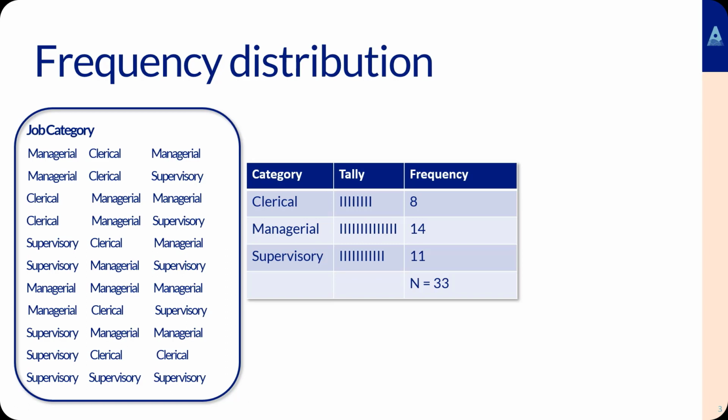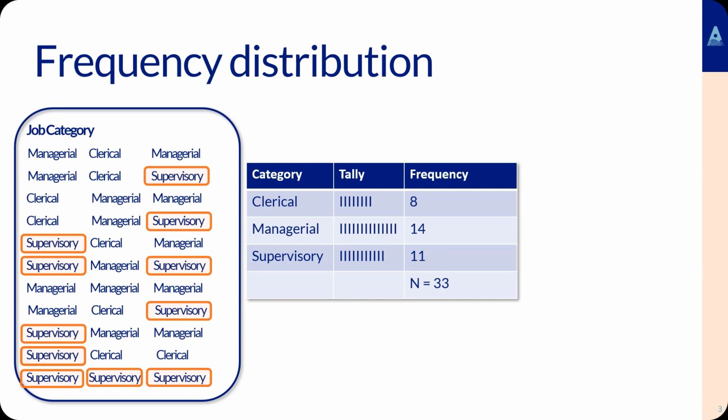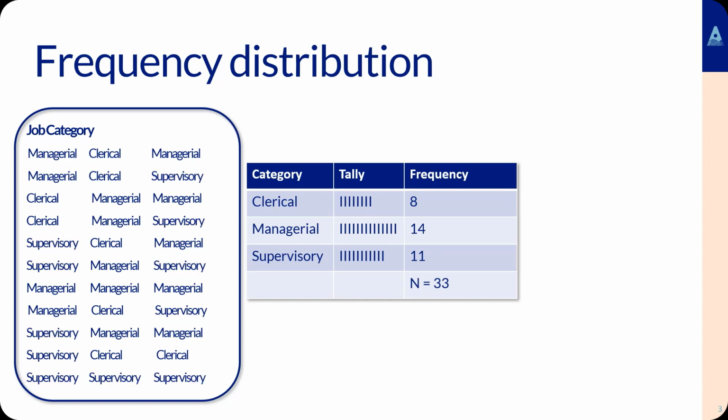We do that by constructing a frequency table. We create the category headings, which are the data values in the variable category, job category, and then we can just tally them. And when we tally them, we get a frequency. So you can see there's 8 clerical, 14 managerial, and 11 supervisory, and a total of 33 data items in the data set.